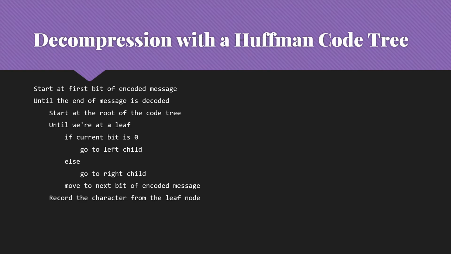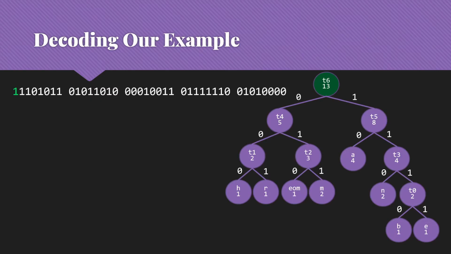So let's go through the process of actually decoding, decompressing our message that we created. So here we have our message. We're going to start at the first bit and at the root of our code tree. So then we're going to go right because our first bit is a 1.